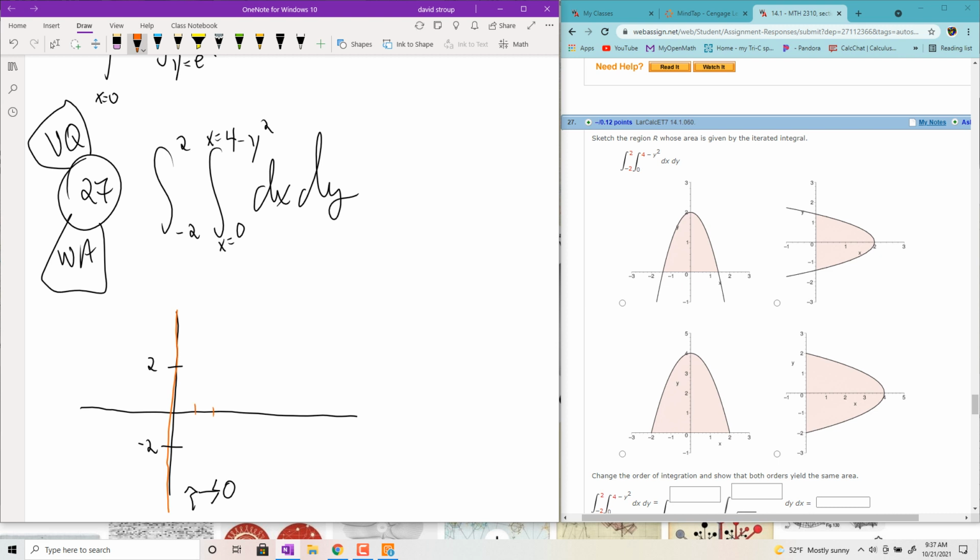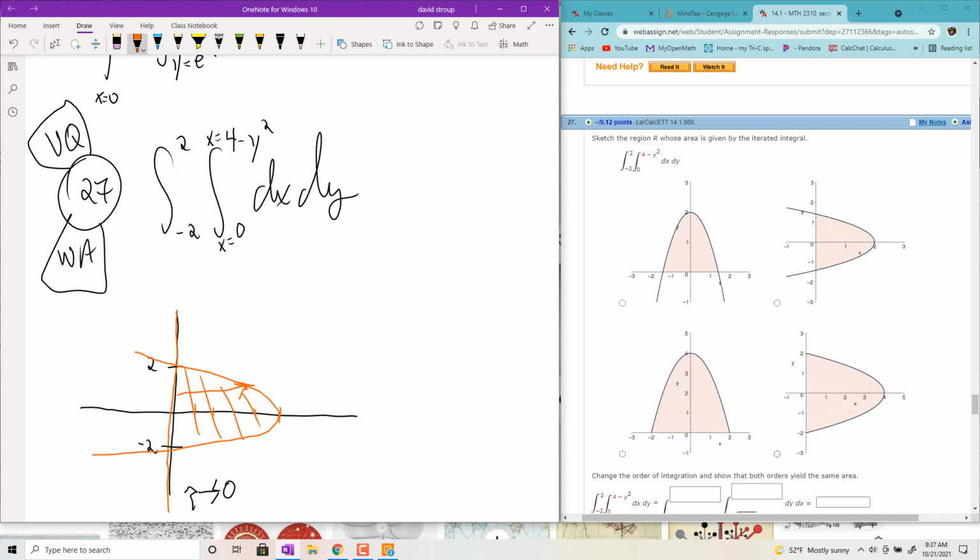So 1, 2, 3, 4. And of course its intercepts will be at -2 and 2, so it's going to go through there like this and like this. So curve to curve, and then point to point. That would be our picture.